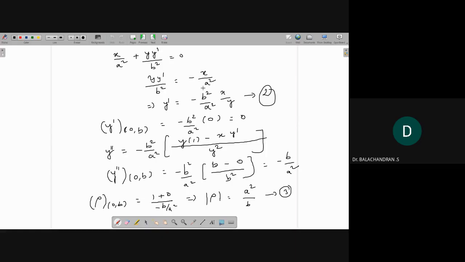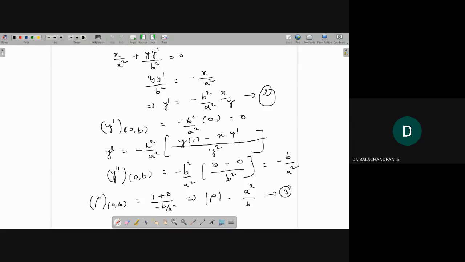The constant term is minus b square by a square, and use the u by v method. So x by y: if you differentiate x by y, you keep y square in the denominator. If you differentiate x, you get 1, minus x into, if you differentiate y, y dash.